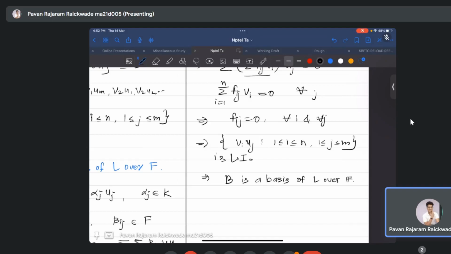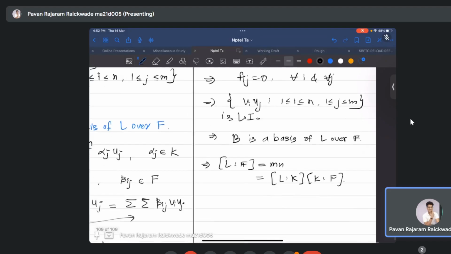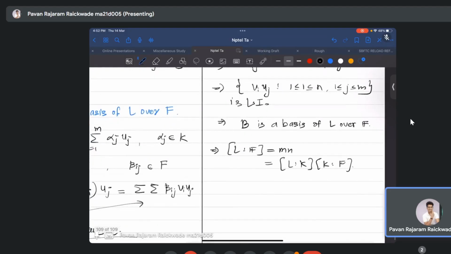So then this implies the dimension of L over F is equal to mn. And what is mn? m is the dimension of L over K, then n is the dimension of K over F. So it's a finite dimensional vector space. Further, we have this equality, the relation between the subfields, right?